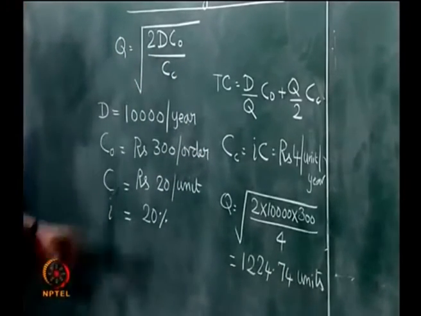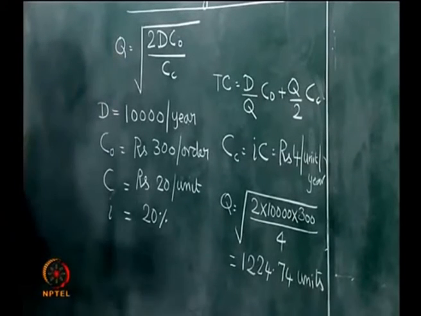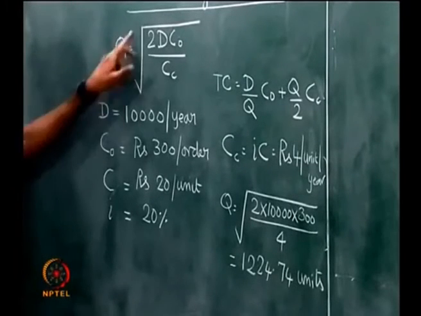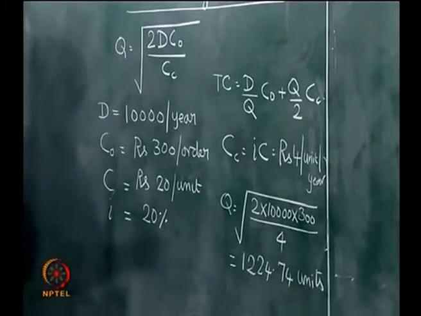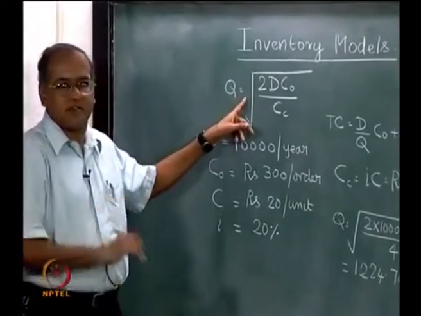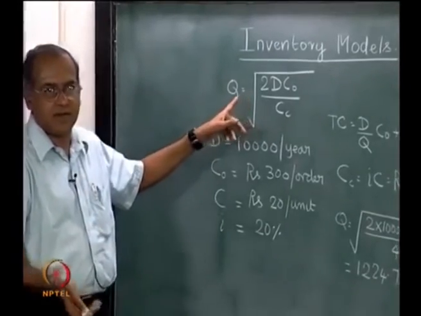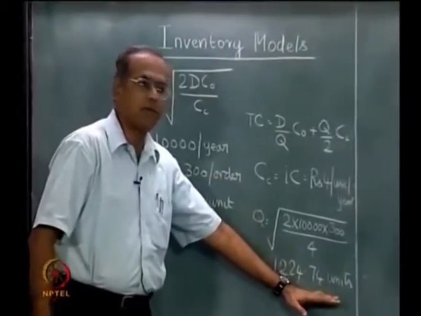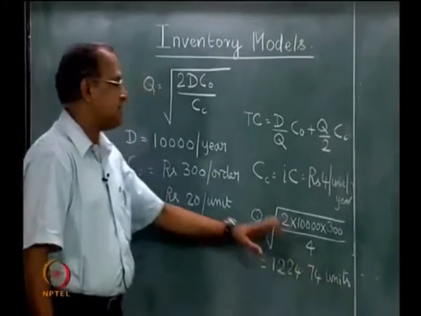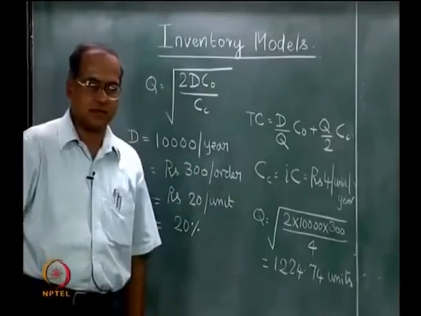When we derived Q as root over 2D C naught by Cc, we took only the positive quantity, not the negative, because Q represents an order quantity. So, you get 1224.74 units as the economic order quantity in this case.